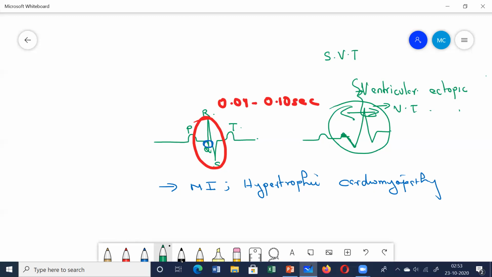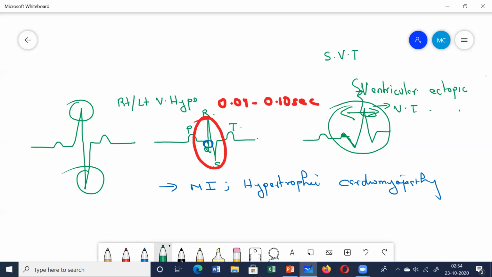What if the height has become very increased, enlarged? An increase in the height of the QRS may indicate right or left ventricular hypertrophy.